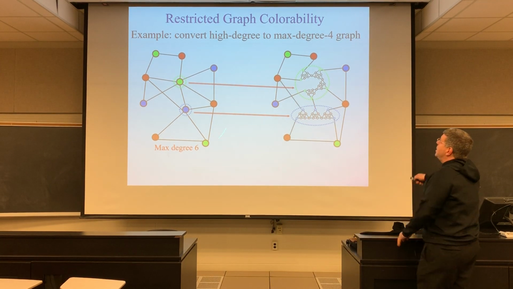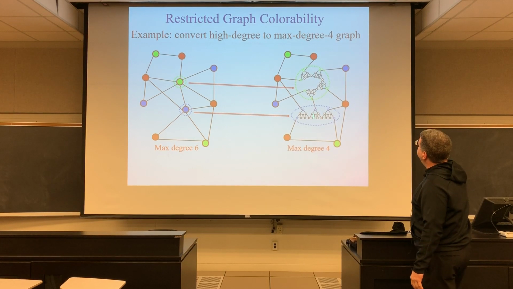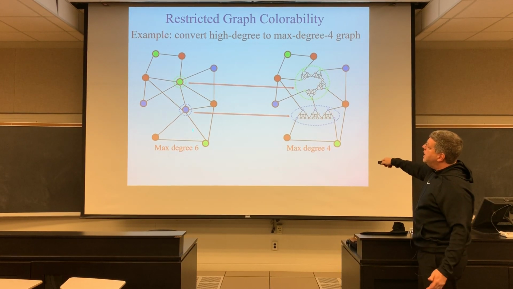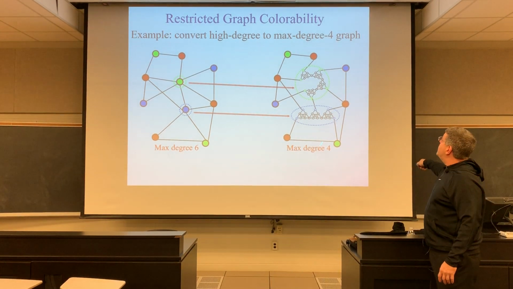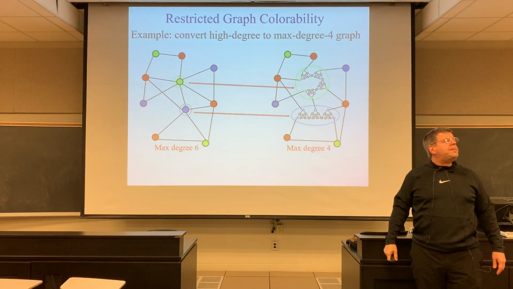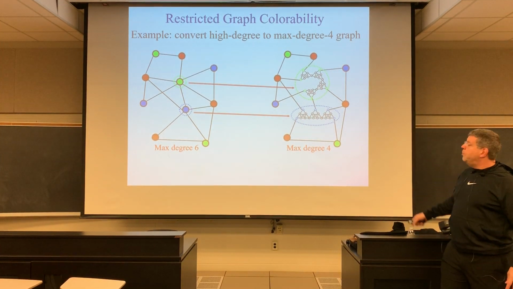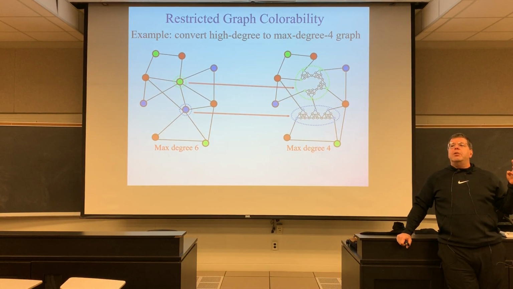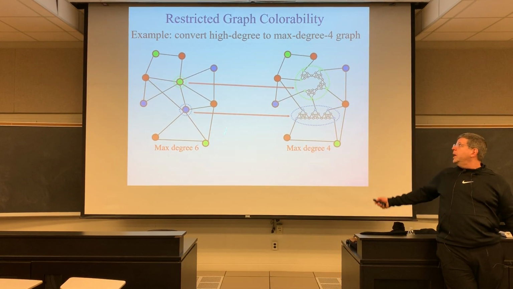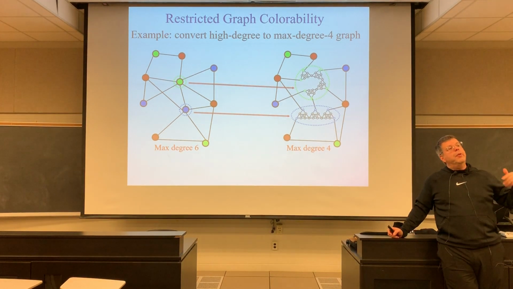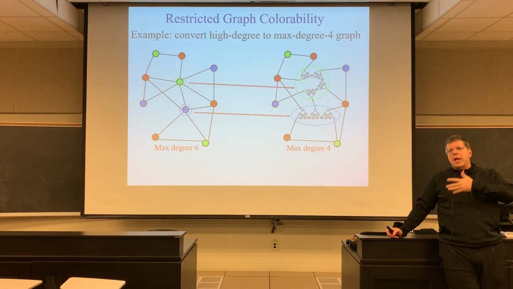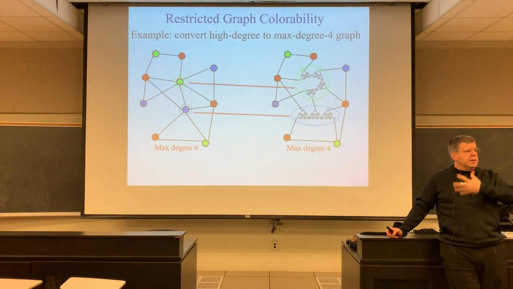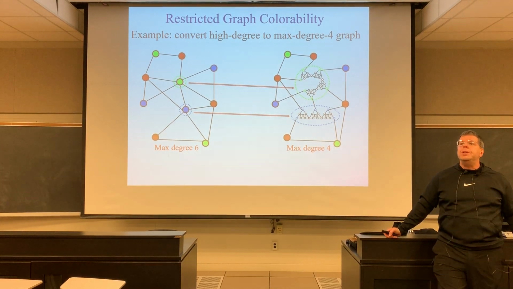Bottom line is this original graph becomes this new modified graph here. The original has max degree 6, or it can be even higher. This has max degree 4 no matter what. And then I feed that to my max degree 4 solver for 3-colorability, and that will tell me what's going on with the colorability of any graph of any degree. So that's an example of what we did on a previous slide, showing exactly how you do the substitutions.